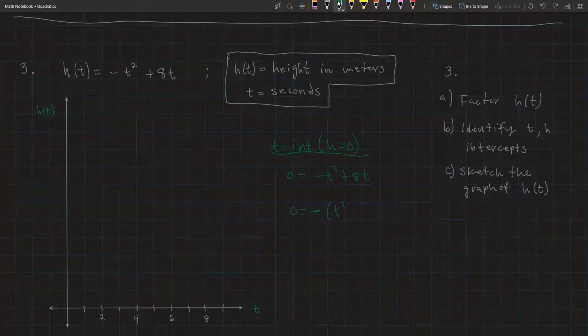So t squared minus 8t. All right, therefore, oh, my bad. T is common. So negative t, and I realized that because what was inside has still something in common. So negative t, and then it's going to be t minus 8.